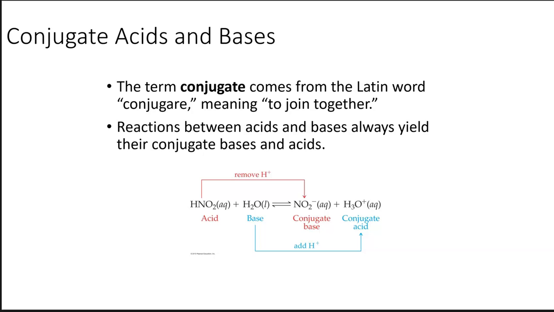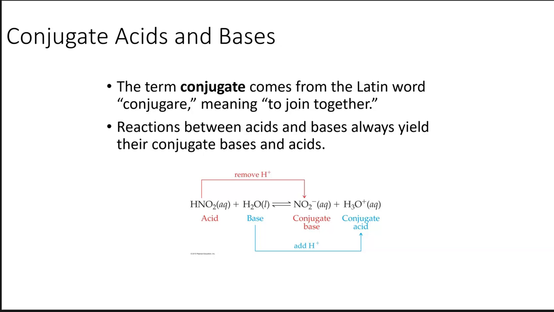So the first thing you have to do in identifying conjugate acids and bases is identify one of the 2 reactants as either being an acid or a base, which would make the other molecule whatever you defined as being the opposite. So water is a base in this case because it's reacting with an acid.